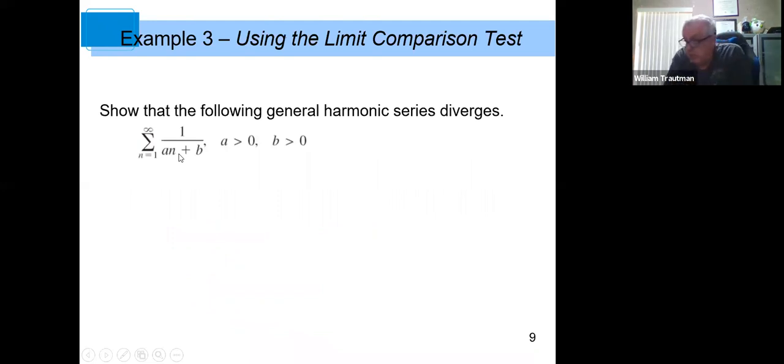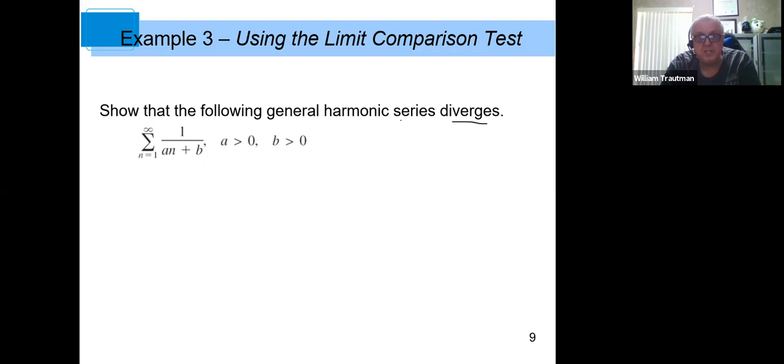Here's a P-series test example: show the following general harmonic series diverges. So we have to show this diverges. We're going to find something similar to that.